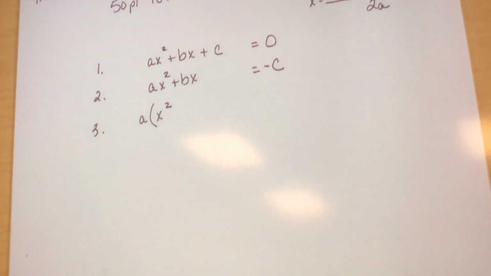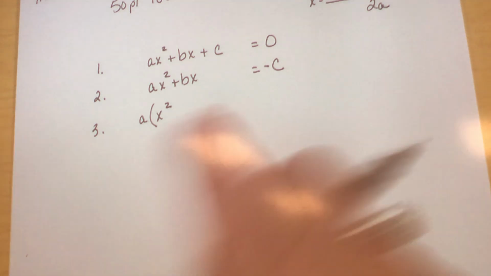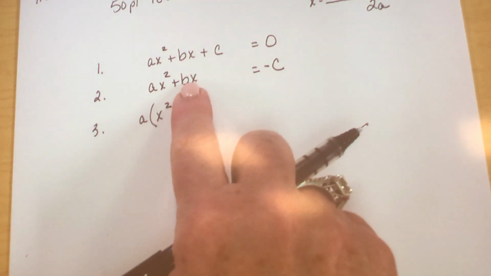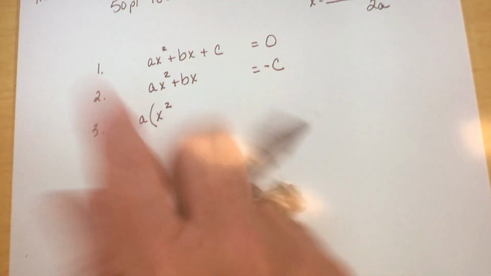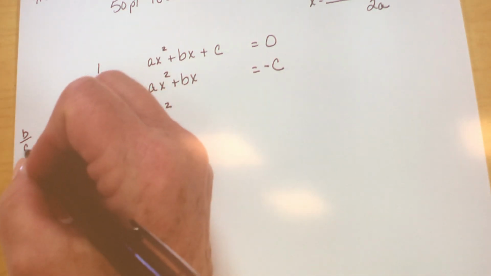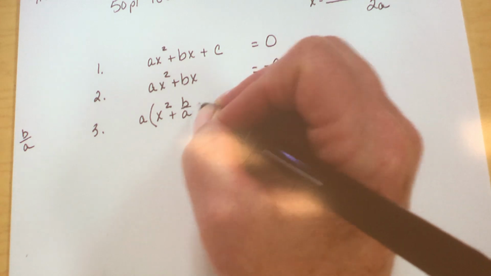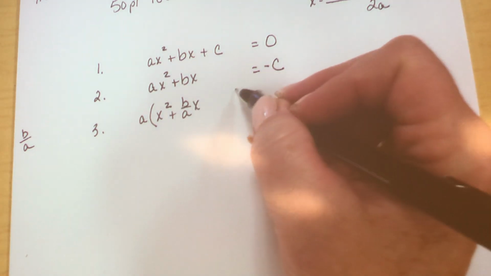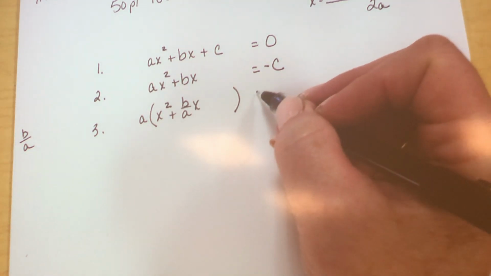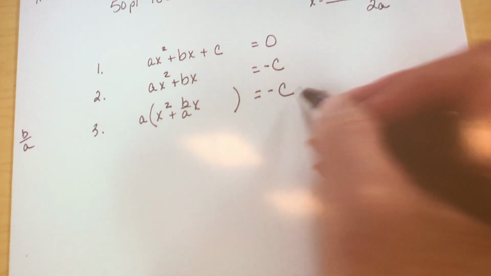Remember what did I tell you to do? B over A. You take this number and you divide by this number. So B over A. Oh, there it is. So plus B over A X. I'm going to close off those parentheses. Equals negative C.